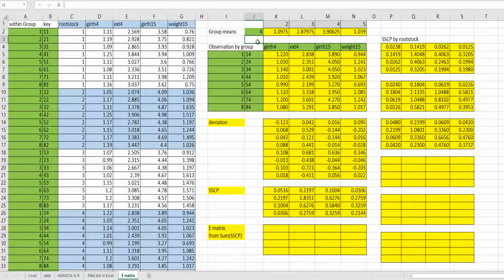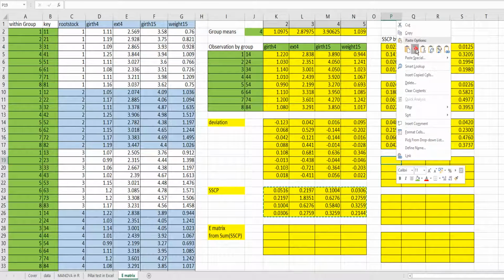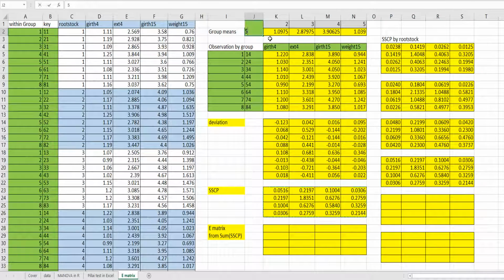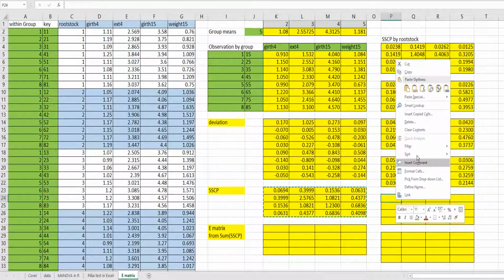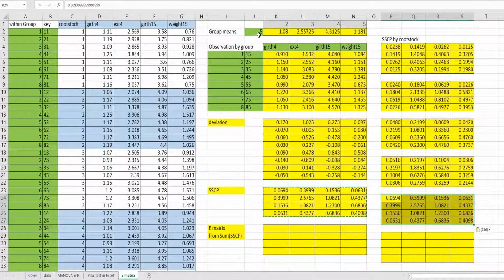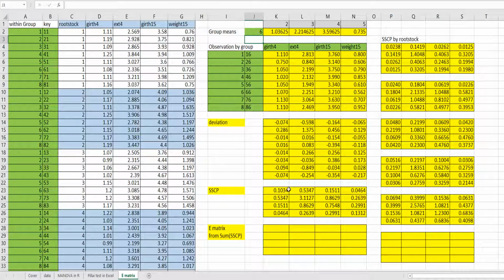And group 4, and group 5, and for group 6.